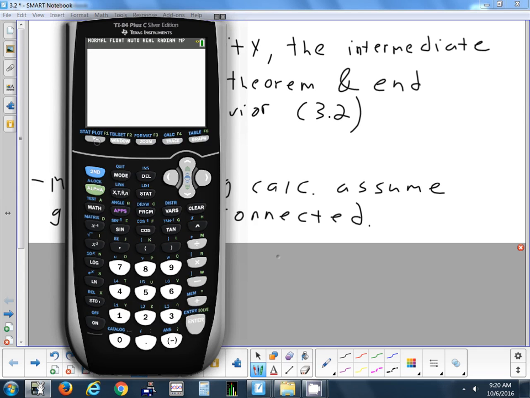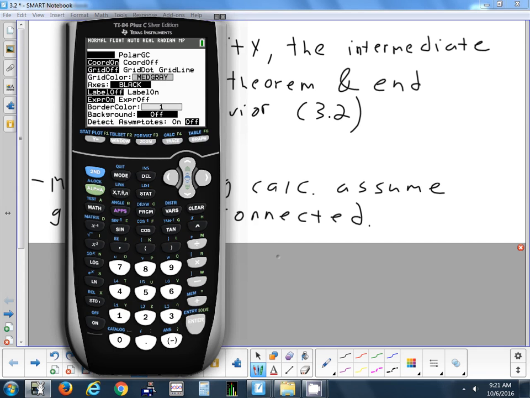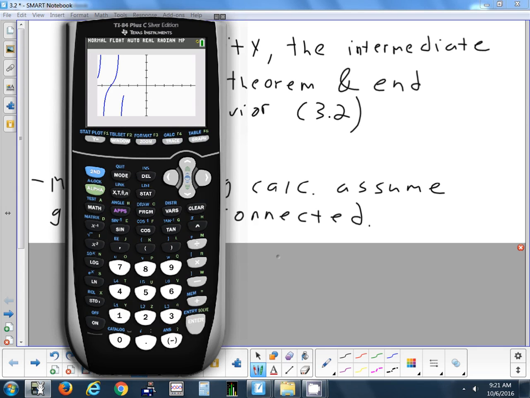I just want to show you how an older calculator would draw it. Okay? That's not how it's supposed to look. Okay? How it's supposed to look is like this. Okay, what the calculator was trying to do was connect each section that shouldn't be connected with a vertical line.